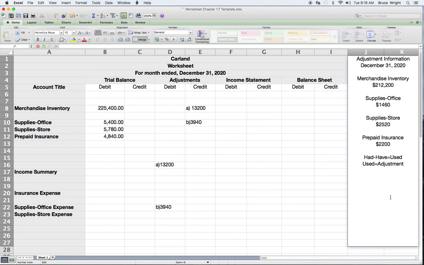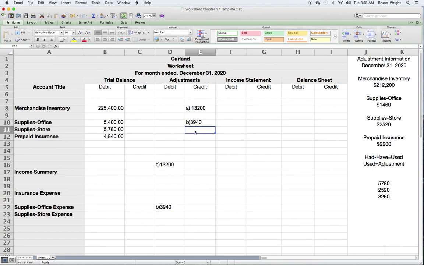All right, our third adjustment, we have to adjust supplies store. We had 5,780. We have 2,520. So we have to subtract it, and we used 3,260, so 3,260 is our adjustment.